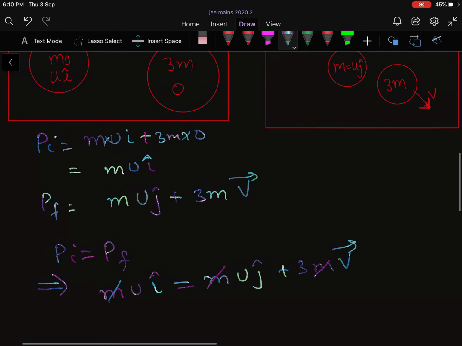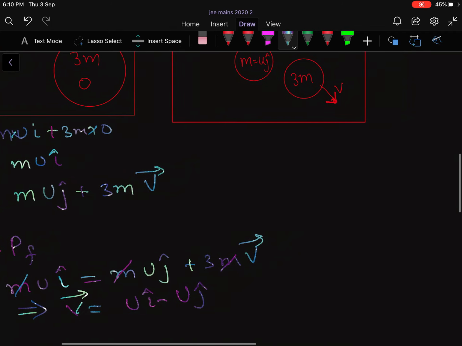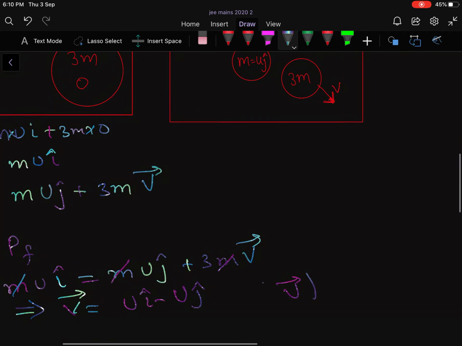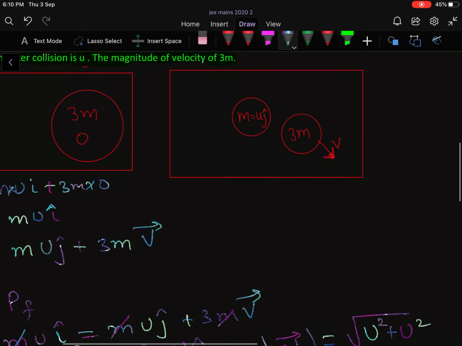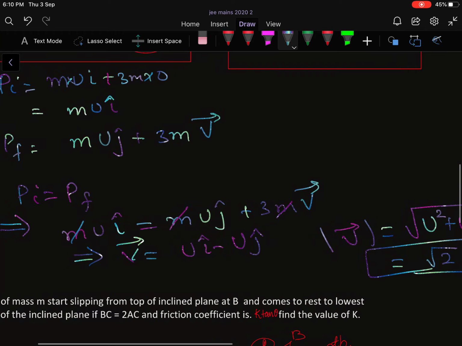Now solve it. Solving it is easy. So v equals u i minus u j, correct? V bar. We just have to find the magnitude. Then v bar magnitude will be under root u square plus u square, so root 2u. Oh sorry, we missed 3 here, right?